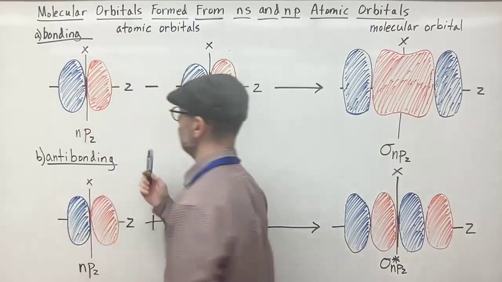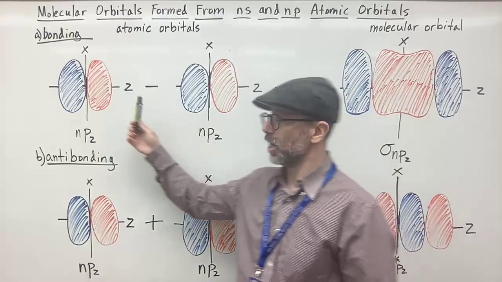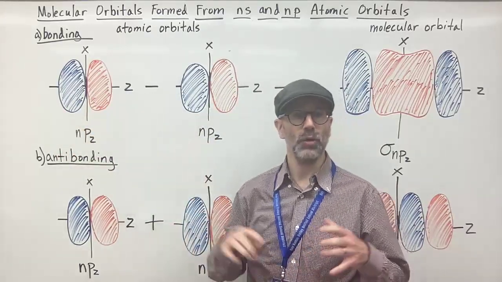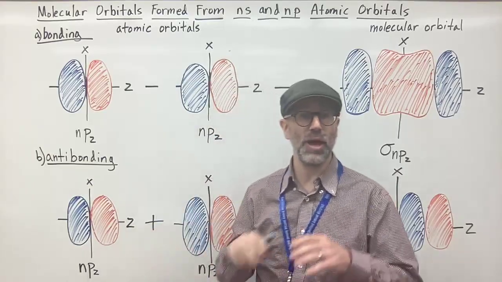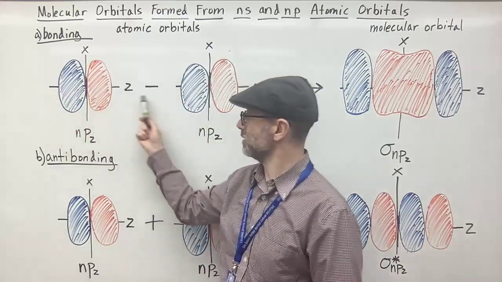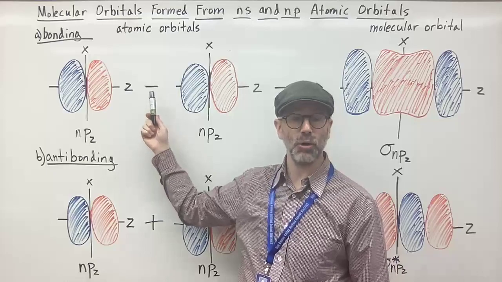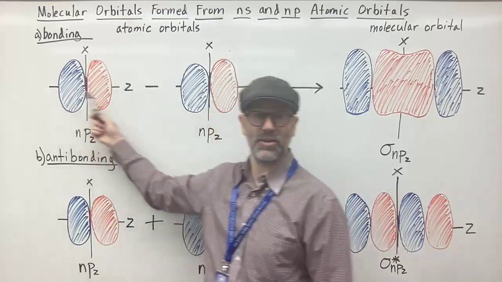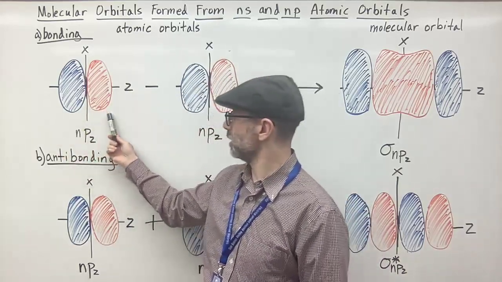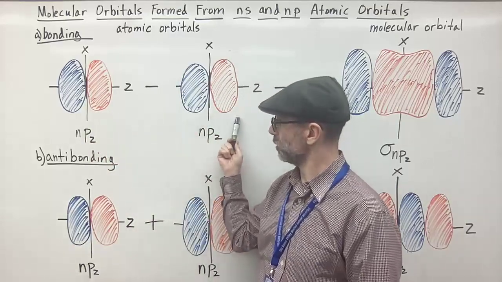You'll see that the convention, when you draw the lobes, for a linear molecule, which we're assuming here, is that the z-axis is along the internuclear axis of the molecule. That's why I have the z-axis here. And then we always have the positive on the right, so it's going to be negative, positive, negative, positive.